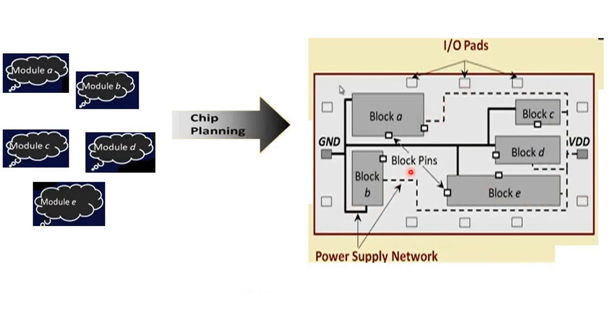These lines are the power supply lines. These blocks are the IO pads, and these pin locations are the IO blocks. Like that we can design the VLSI design flow, that means a total chip.